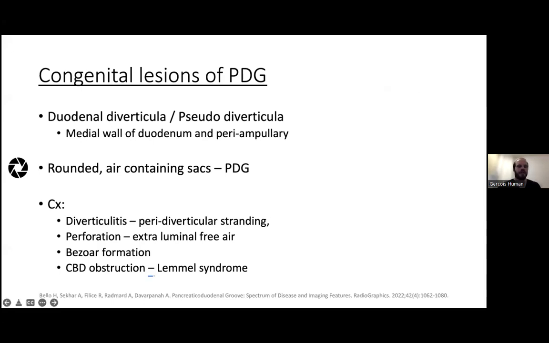Lastly, congenital lesions of the pancreaticoduodenal groove. A duodenal diverticulum is quite common, found in up to 22% of the population post-mortem. They're usually detected incidentally and are caused by weakness in the medial duodenal wall due to the entrance of the CBD or penetrating vessels.